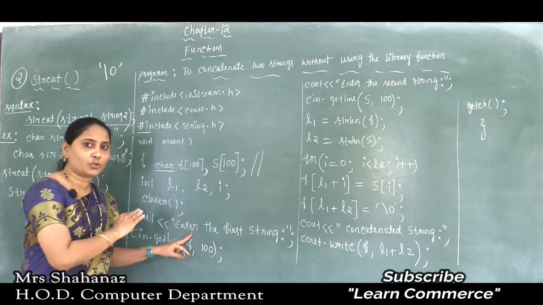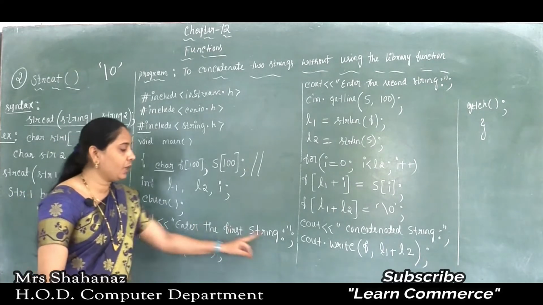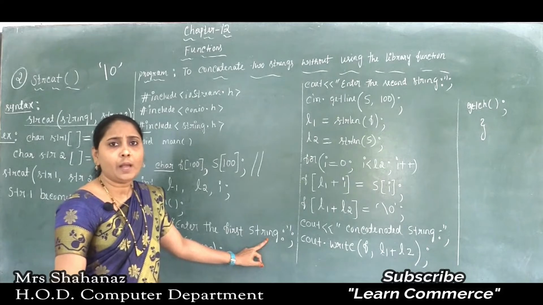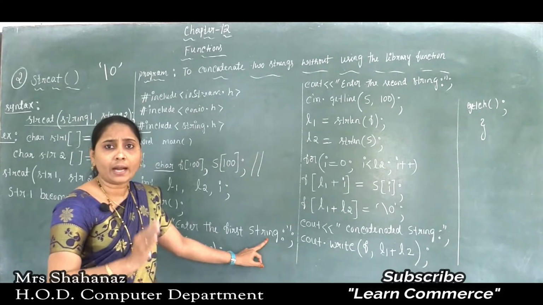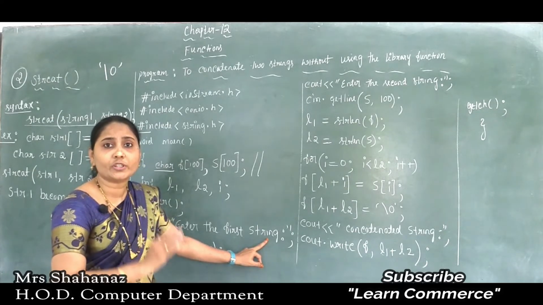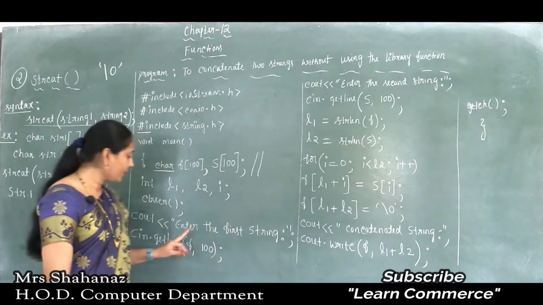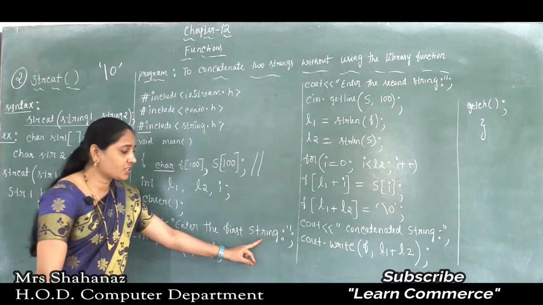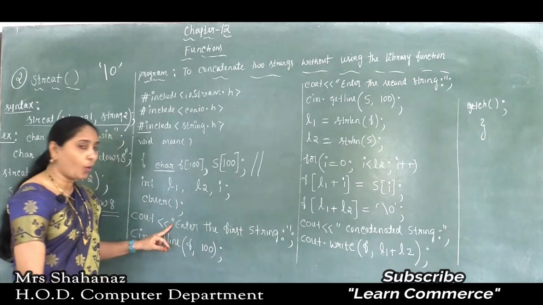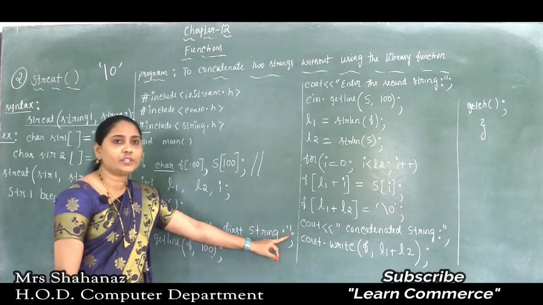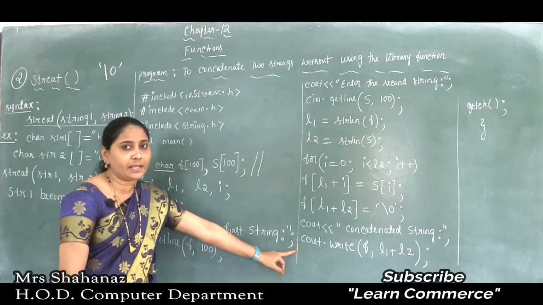So the message I gave in this program is: enter the first string. Okay, a very easy message, very easily you can understand this concept, what we are going to do. Clear this point here? One by one in each line. So enter the first string, and we open the double quotation, and we need to close the double quotation and put the semicolon.